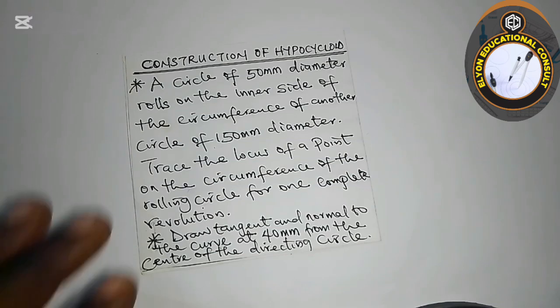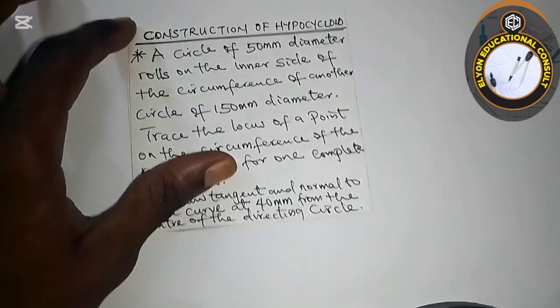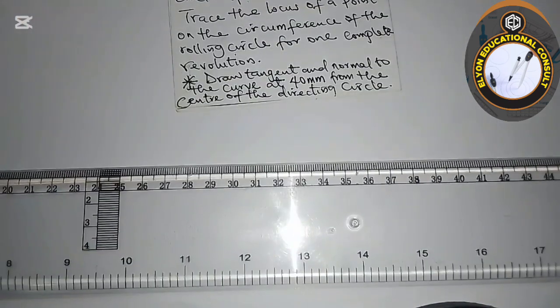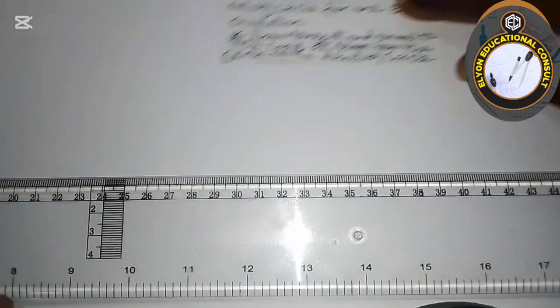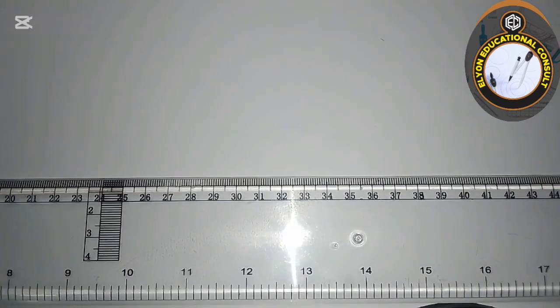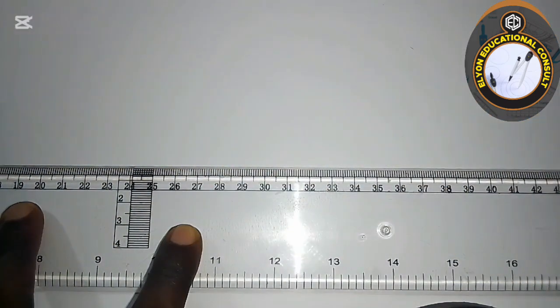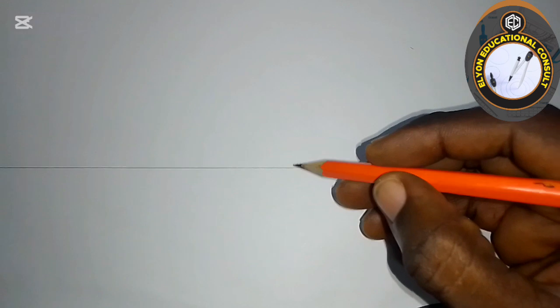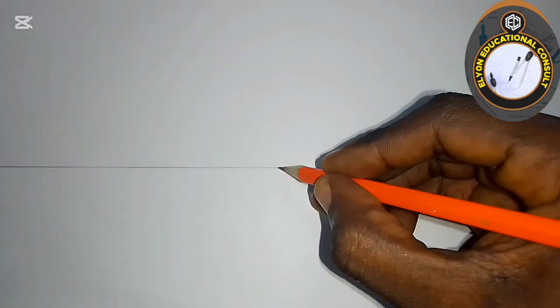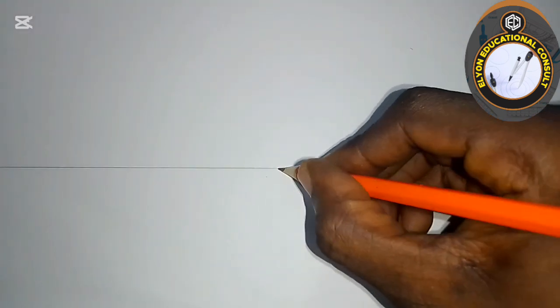So the first thing we are going to be drawing is the directing cycle, the larger cycle. So we draw this baseline. From this baseline, take any point, we can take this point.